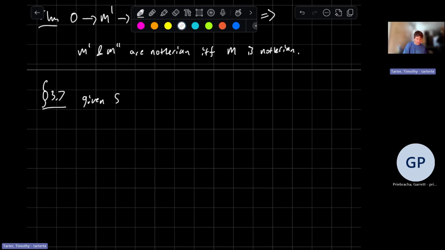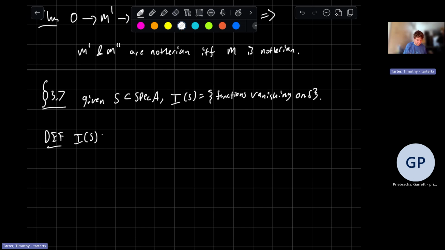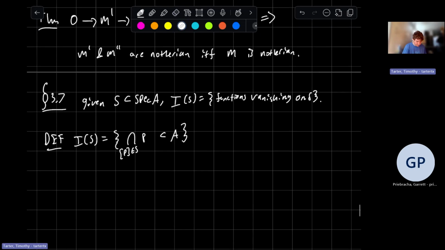Given a subset S of Spec A, I of S is the functions vanishing on S. The formal definition is that I of S is equal to the intersection across P in S of prime ideals P contained in A, when S is not empty.